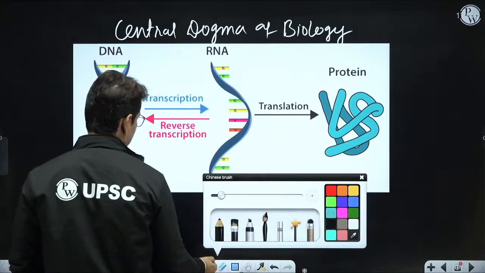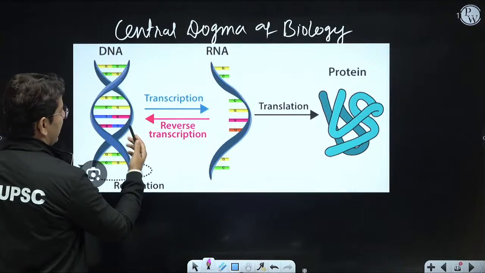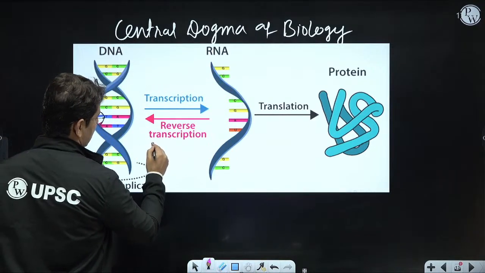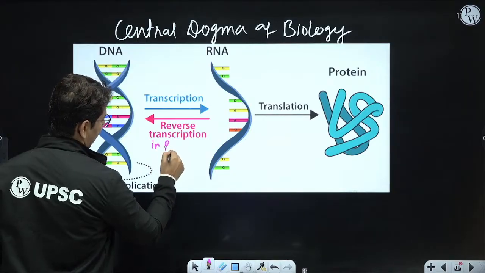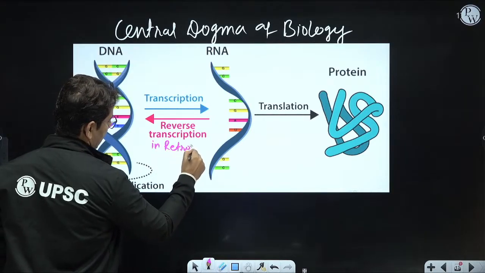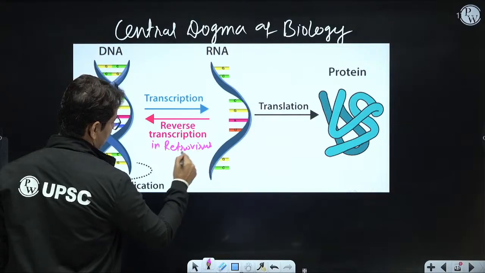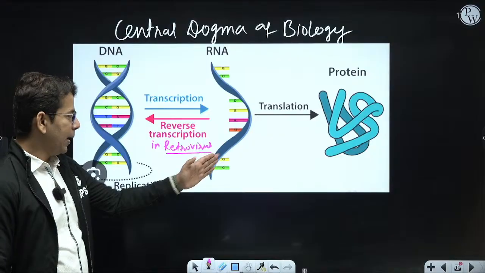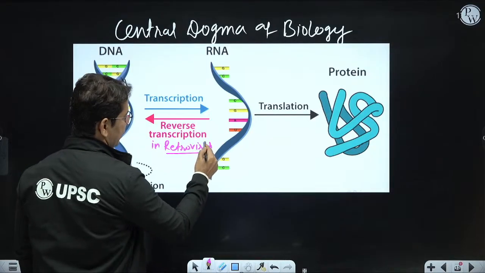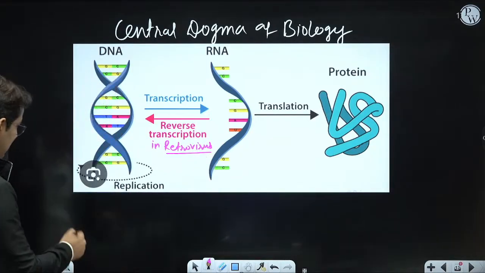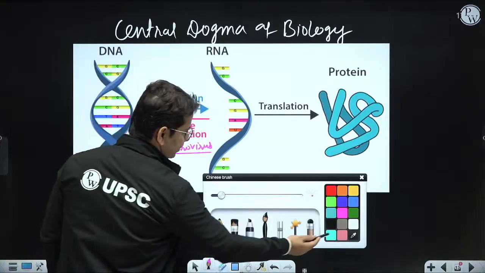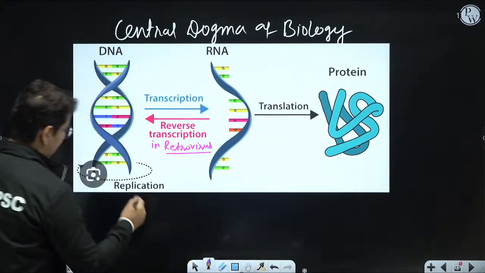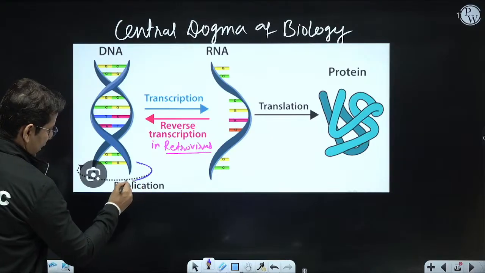Sometime it may be possible that RNA will make DNA, and that is called reverse transcription in retrovirus. You know that retrovirus? In retrovirus, they have RNA, and that RNA can make DNA on demand. And sometimes DNA will make DNA.